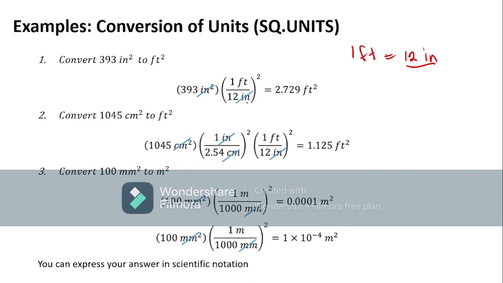So, para mag-cancel out talaga to, yung inch squared tapos itong inch lang, dapat yung buong conversion factor natin naka-raise to 2. So, parang mangyayari, 1 squared feet squared all over 12 squared square inch. Para siyang ganyan. So, eto, magka-cancel na yung square inch tsaka square inch dito.